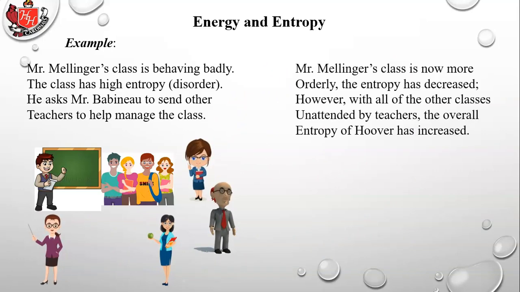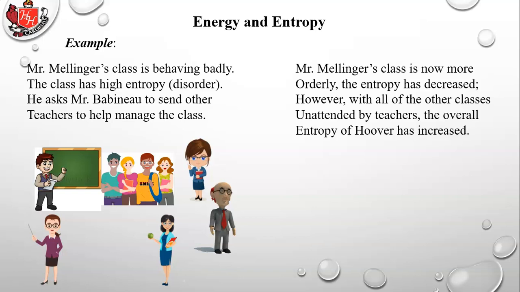So Mr. Mellinger's class is now more orderly. The entropy has decreased. However, with all the other classes unattended by teachers, the overall entropy of Hoover has increased. So even though they've decreased the entropy in a very specific location, my classroom, the overall entropy on the rest of the campus increased.